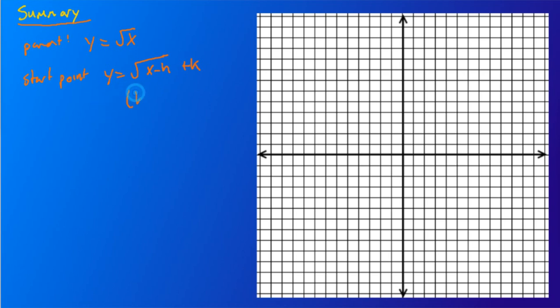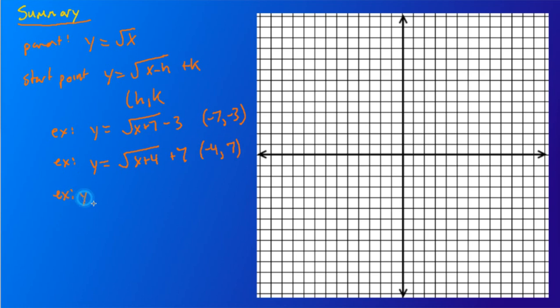My start point is going to be (h, k), whatever it is. So for example, let me give you two of them. If I do y equals square root of x plus 7, minus 3, I'm going to start at negative 7, negative 3. And if I give you y equals square root of x plus 4, plus 7, I would start at negative 4, 7. Switch the sign of the thing on the inside.